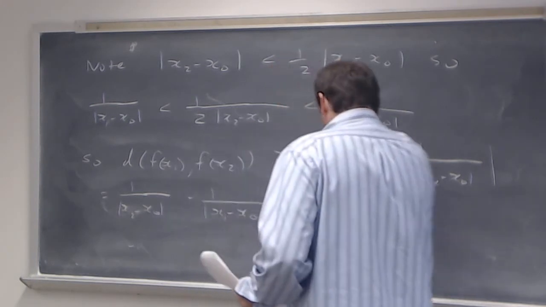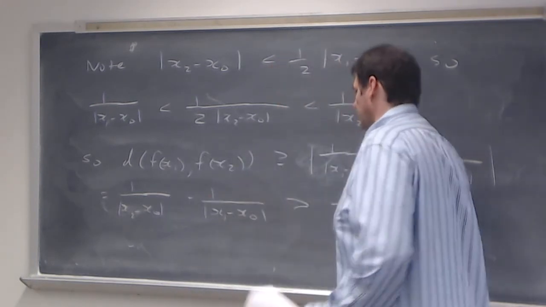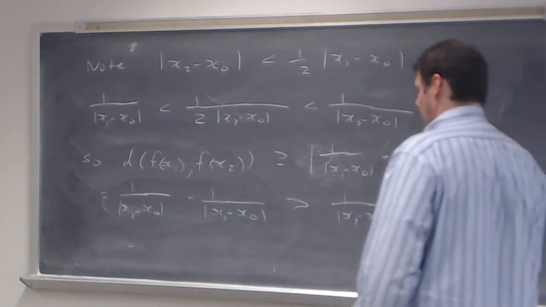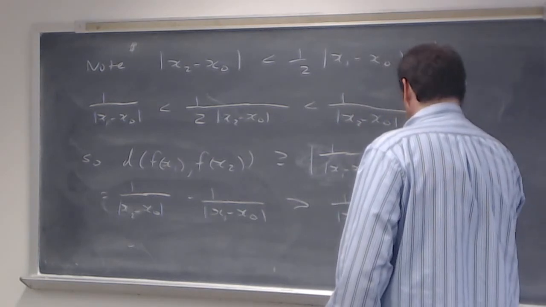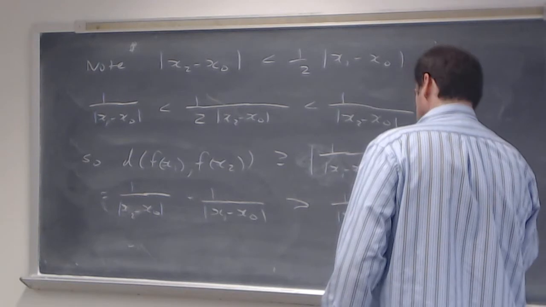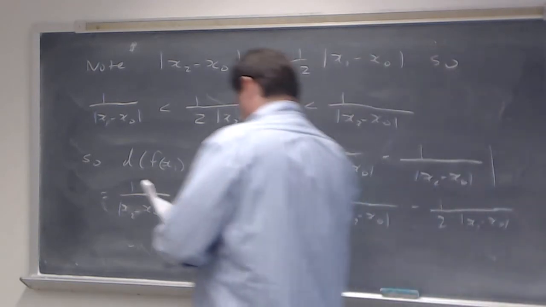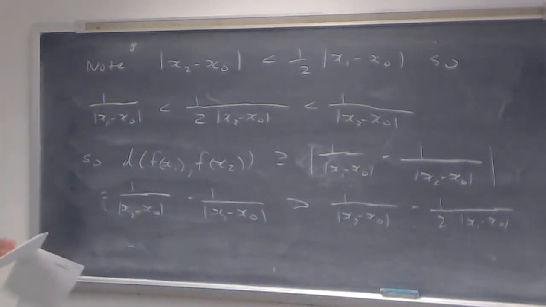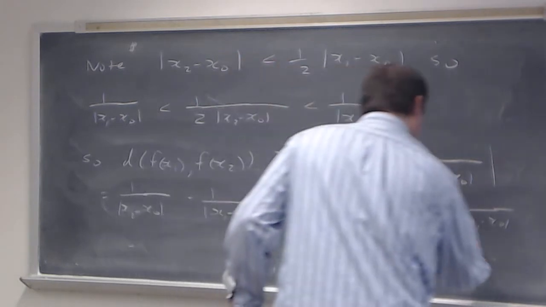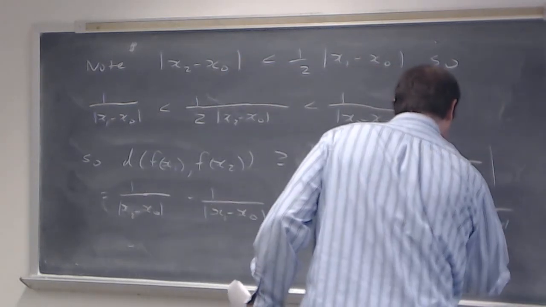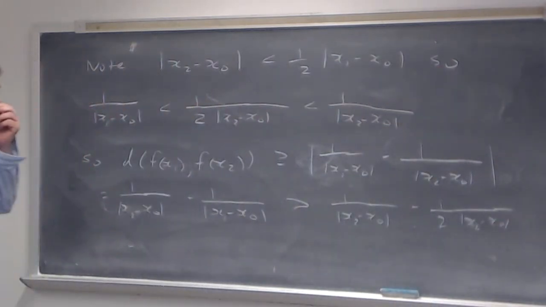And let's take away something less than 1 over the absolute value of x of 1 minus x of 0. Let's take away just half of that. Okay. And so, I'm sorry, half of x of 2 minus x of 0, okay?